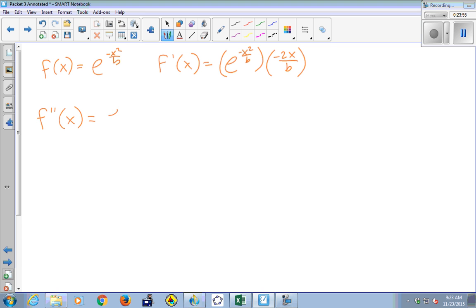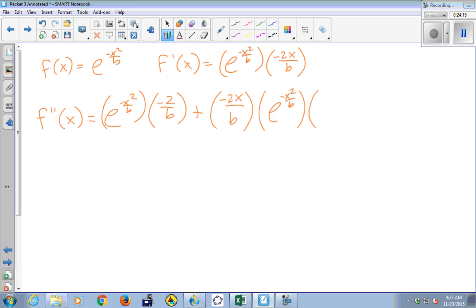So I've got first, e to the negative x squared over b times the derivative of the second, which would be negative 2 over b, plus the second, negative 2x over b, times the derivative of the first, the derivative of e to the negative x squared over b, which is e to the negative x squared over b times negative 2x over b, the derivative of the stuff.